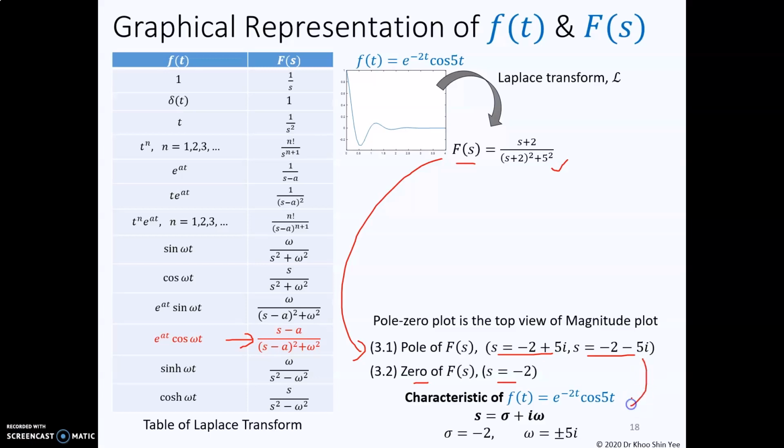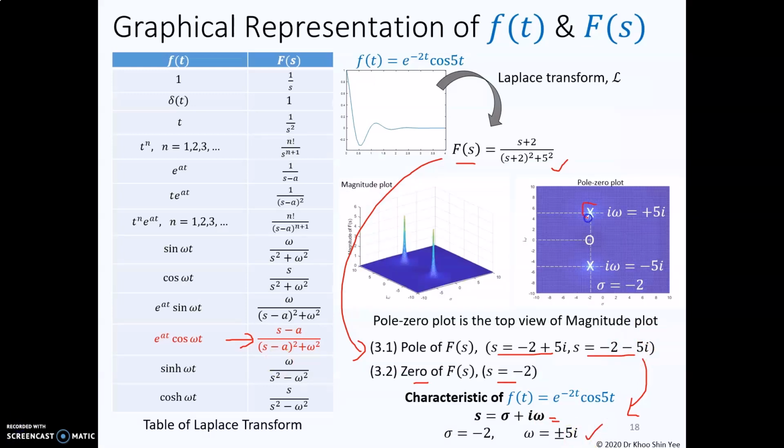And from the pole, when you compare x equal to negative 2 plus 5i with sigma plus i omega, you find your sigma equal to negative 2 and your omega equal to 5. And when you compare to the second pole, you find omega equal to negative 5. So this is the result.